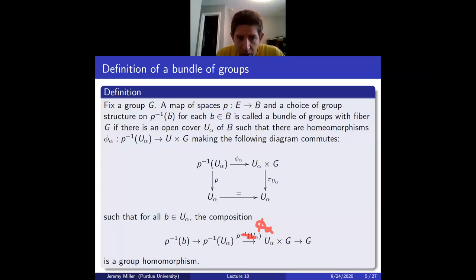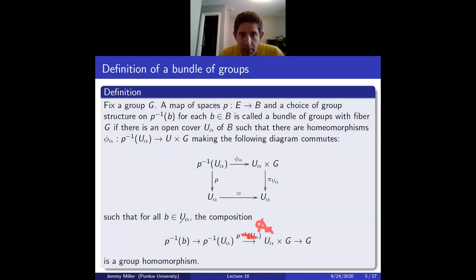Then that maps to U alpha cross G, and then you can just project onto G. So we picked a group structure here, and a group structure there, and we just required that this composition is a group homomorphism. It's necessarily a homeomorphism, so in particular it'll be an isomorphism and respect all the topology.